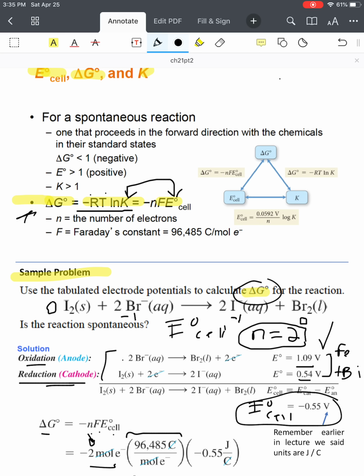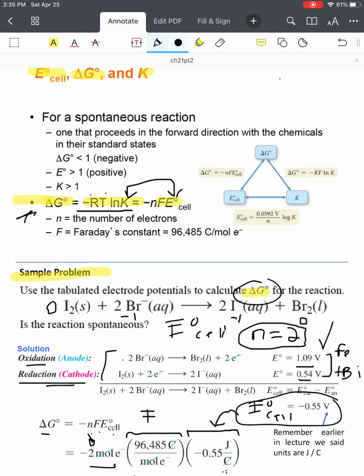F is our Faraday's constant, 96,485. It's just that constant. E0 cell we found to be negative 0.55 volts. Notice the different units down here now. We usually throw around volts as our unit for E0 cell, but remember, I think it was last lecture, we talked about what alternate units for volts are that are equivalent to volts.